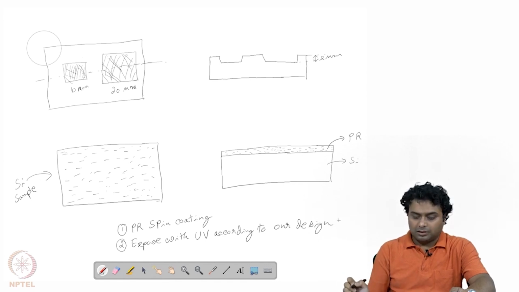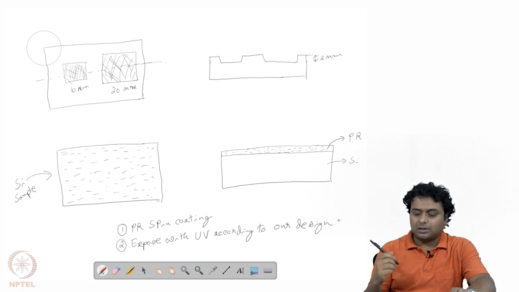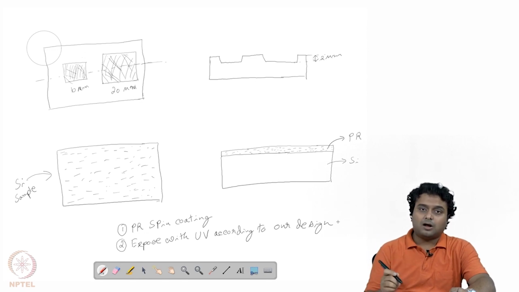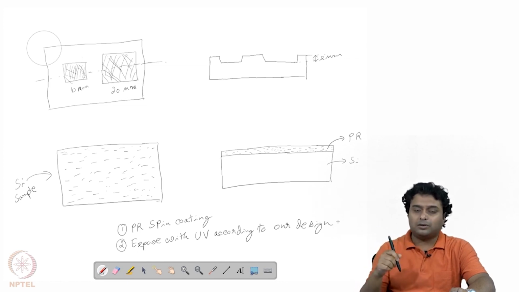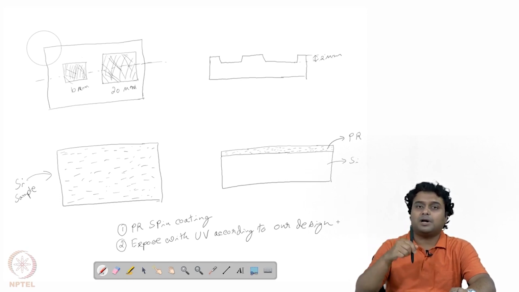Initially we are talking about direct writing, and direct writing means I will be writing just like a pen. This pen will move according to our required design. The coordinates and all the information will be given to the laser writer, or whatever system we are using, and then it will move the laser beam according to our required design.